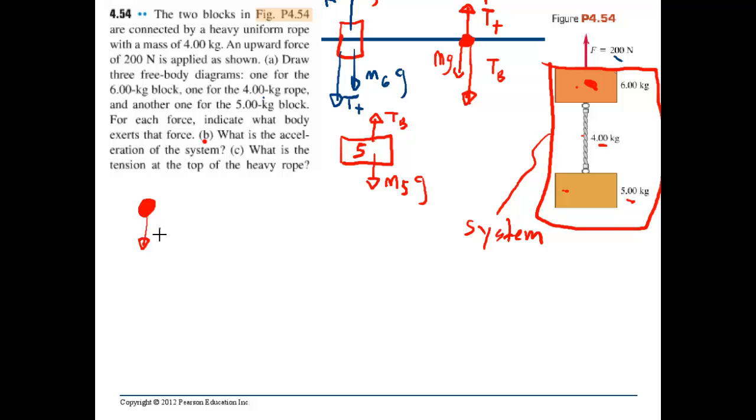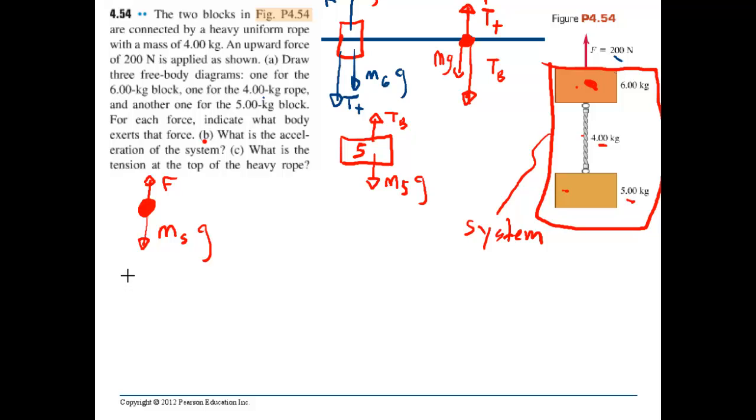So now I need to draw the free body diagram for my system. This system is going to have the mass of the system multiplied by gravity in the downwards direction, and it's being pulled by a force which is going to be 200 newtons.